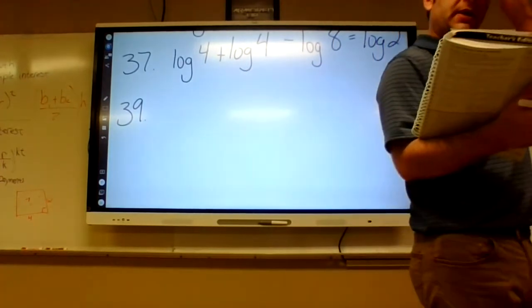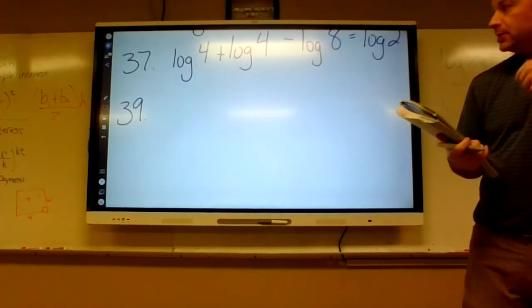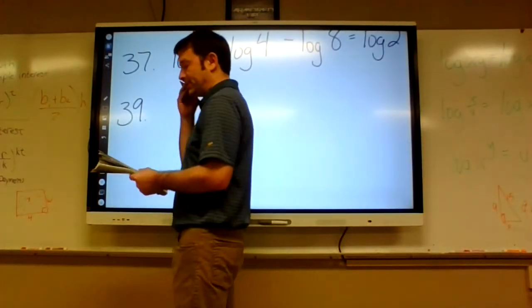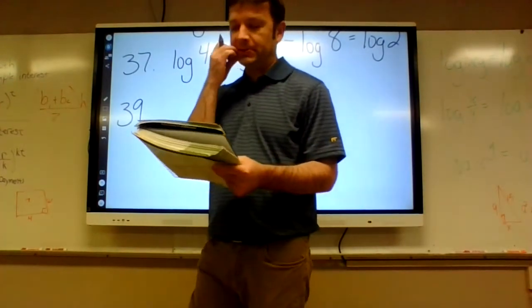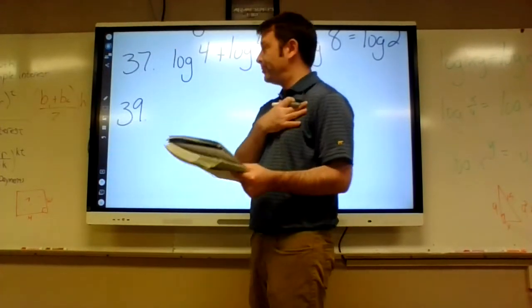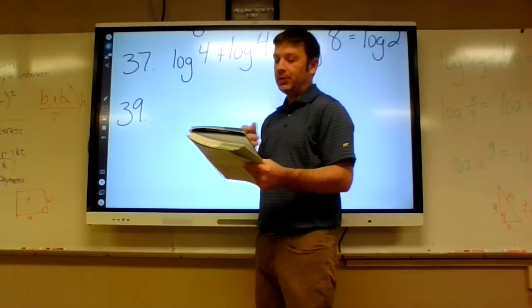Okay, now we're actually going to have to solve stuff. There are different ways to solve some of these problems. That's what I'm a little bit concerned about. What do you think I'm going to do with that 2 on number 39, the 2 in front? Put it as an exponent. Move it up to an exponent.